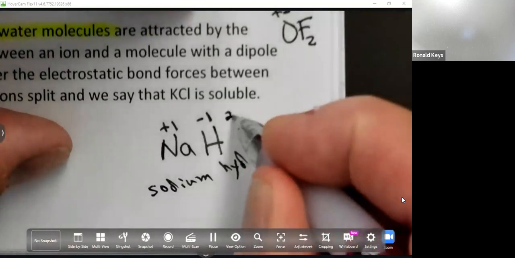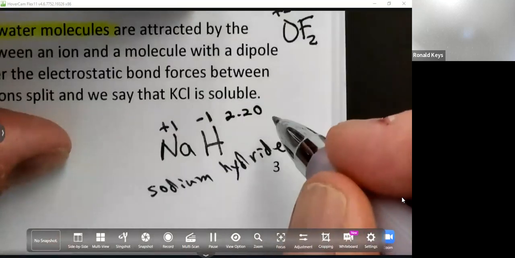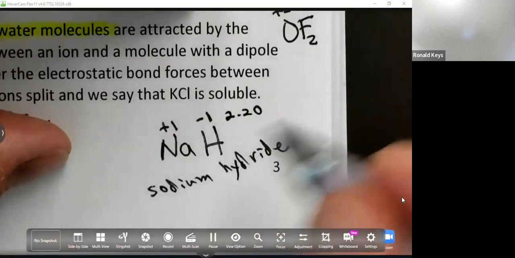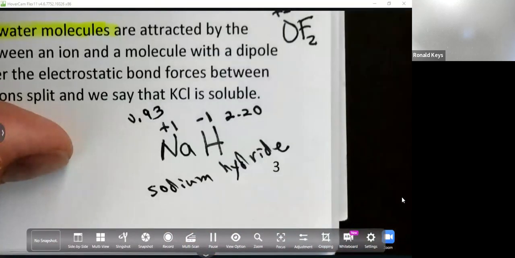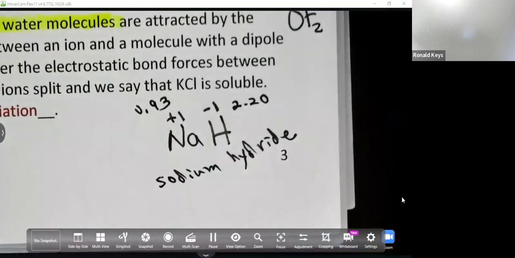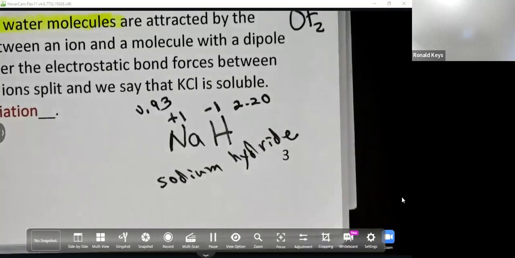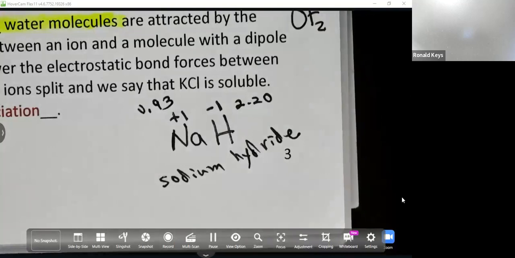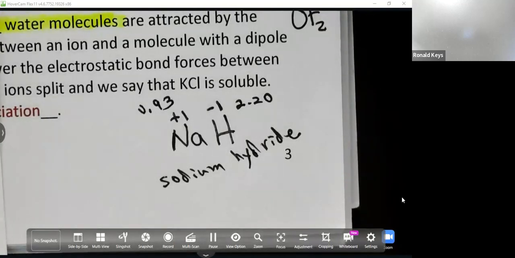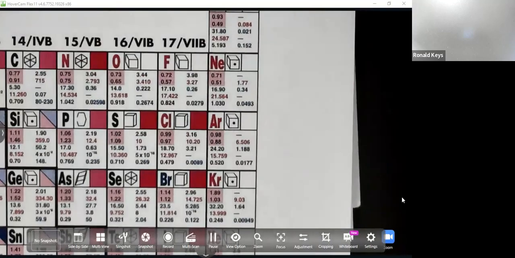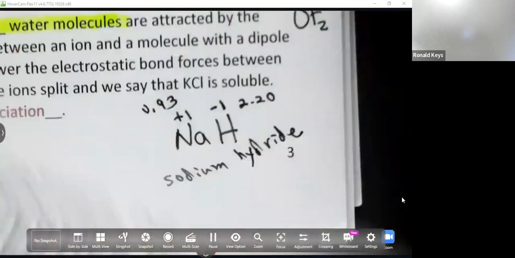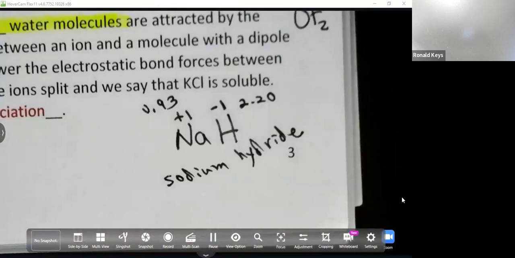Hydrogen is 2.20 and sodium is 0.93. So this chart would be no different than having a chart of magnetic pull from different magnetized elements or compounds, and they pull with different strengths, right? So electronegativity is the pull for shared electrons.